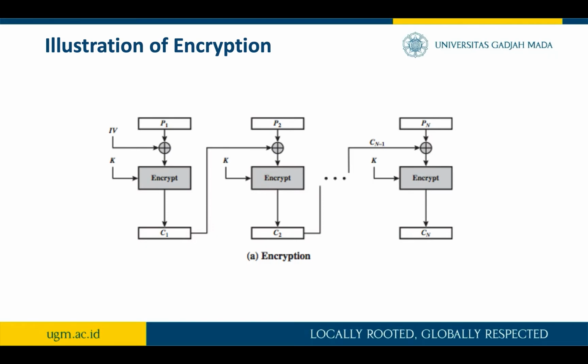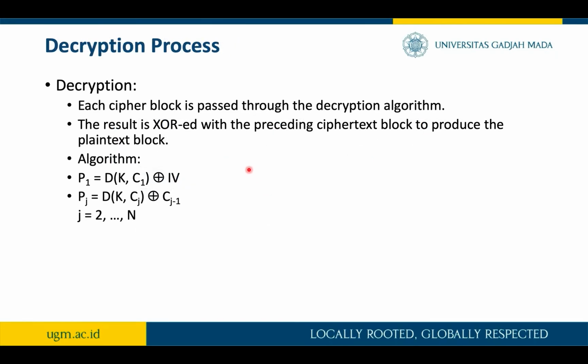For the decryption here, each cipher block is passed through the decryption algorithm, and the result is then XORed with the preceding ciphertext block to produce the plain text block. So the algorithm here is like this.